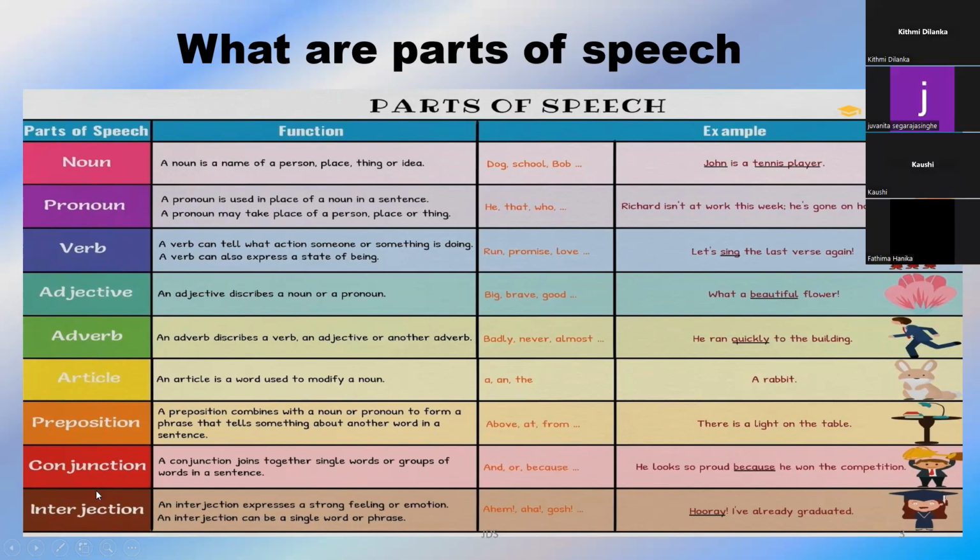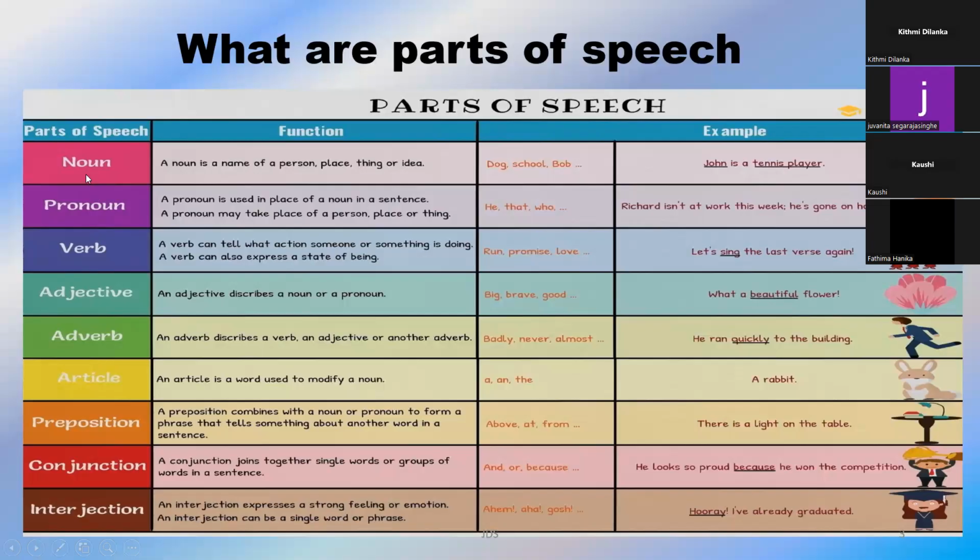Count and tell me. How many are here? 1, 2, 3... 9, right? So according to this grid, you have 9 parts of speech, right? So I am sure all of you will know what they are.